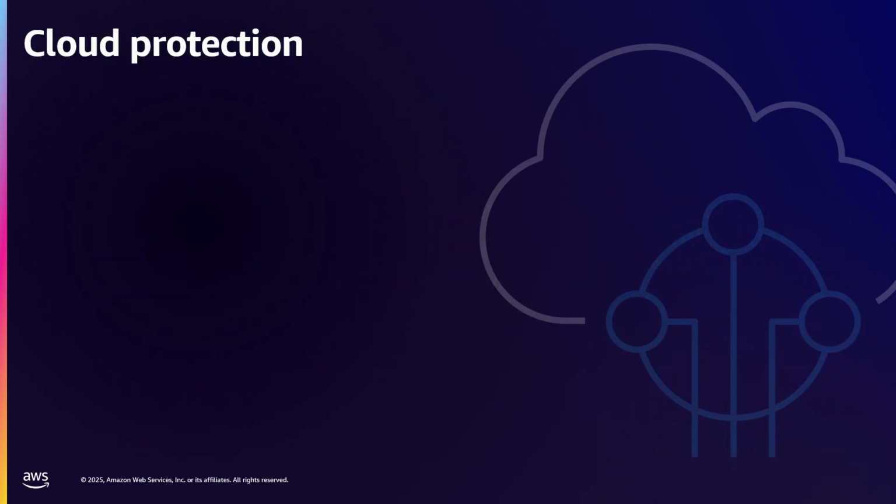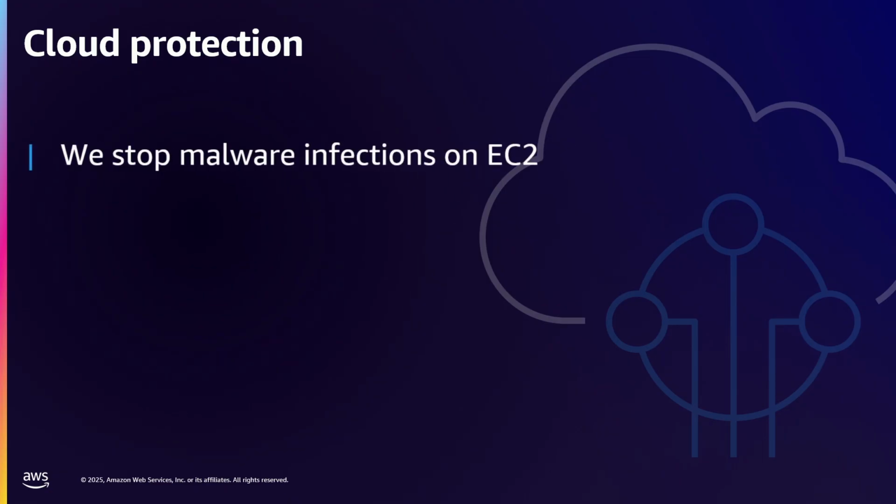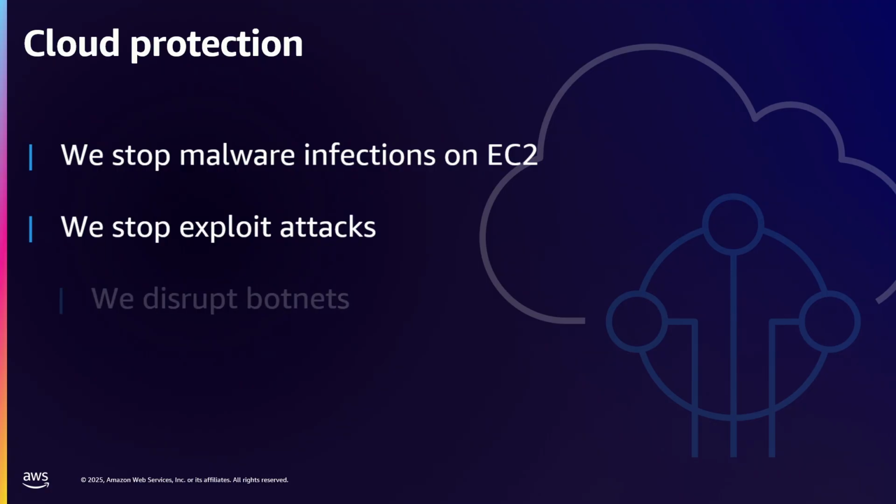So it takes a lot of engineering smarts to generate that effect, but what does it really do for customers? One, we stopped malware infection attempts on EC2, over 4 million over the last 12 months. We stopped the exploit attacks that we see in MadPot, hundreds of millions of attacks that we're seeing every day, never reach an EC2 workload.